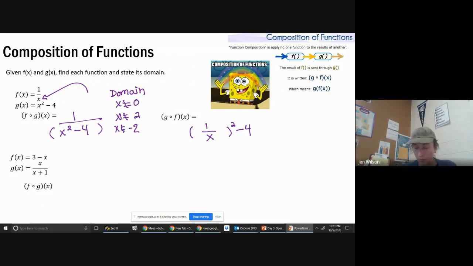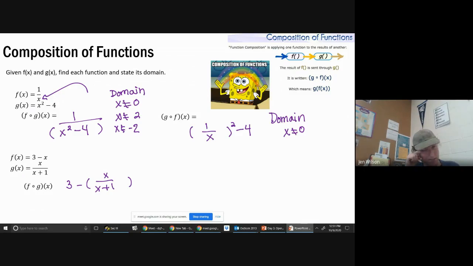So the domain on this one, there's only one thing that I can see that x can't be that would make it undefined. X can't be 0 on this one. All right, the next one, f of g. That means f is our big one where we leave the big parentheses, and g goes inside it, x over x plus 1.